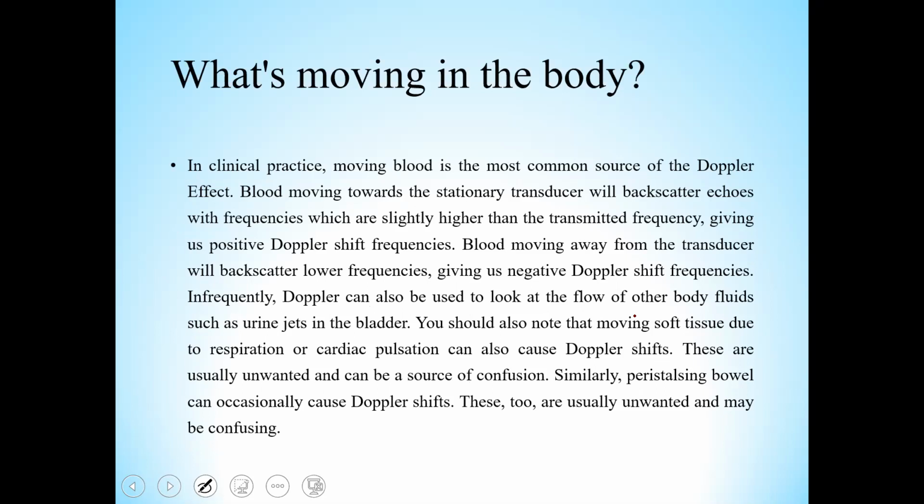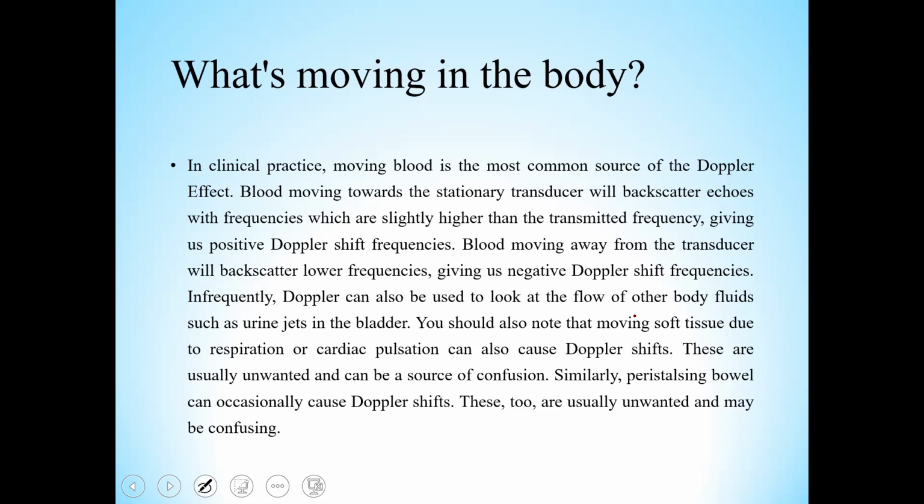So what's the moving reflector in the body? RBCs are the moving reflector in the body, because it is RBCs that can scatter sound waves.